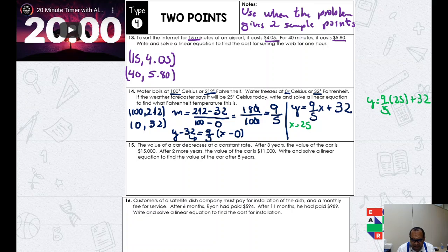Here I can simplify 9 and 25 by 5. 9 times 5 is 45. 45 plus 32 is 77. y equals 77 Fahrenheit. Remember, we're now talking about Fahrenheit.